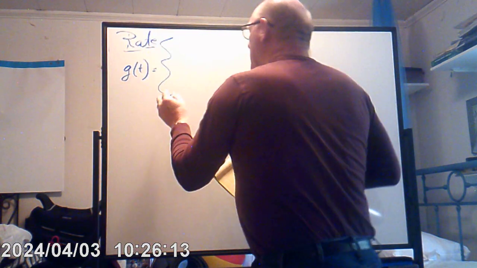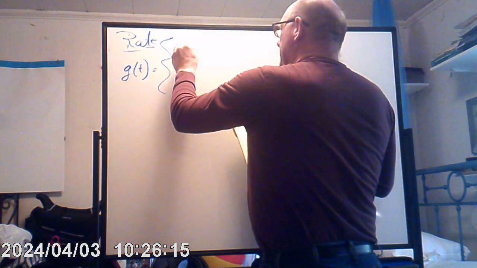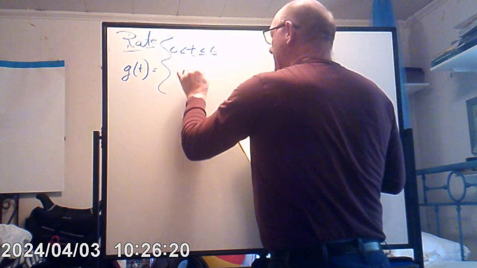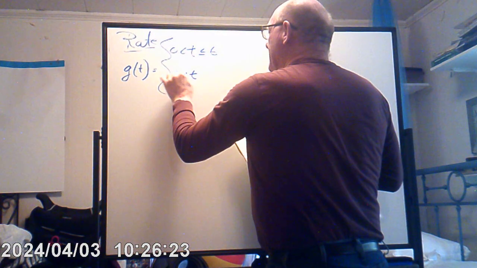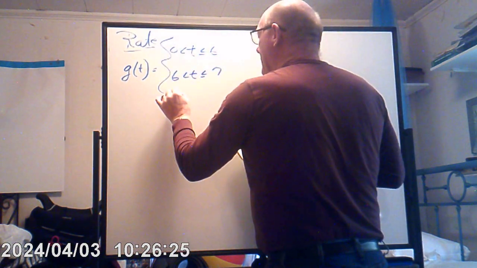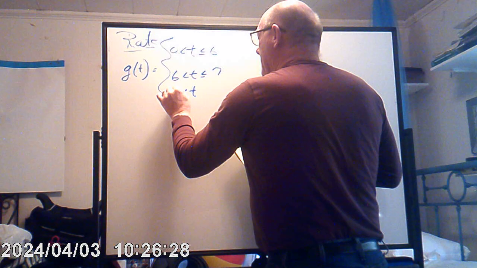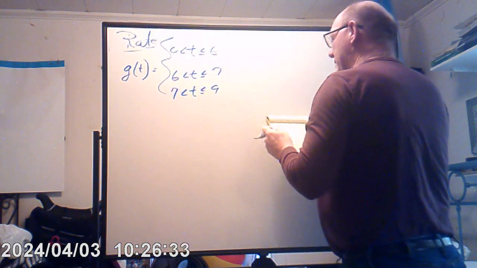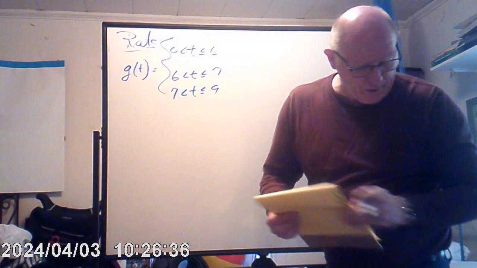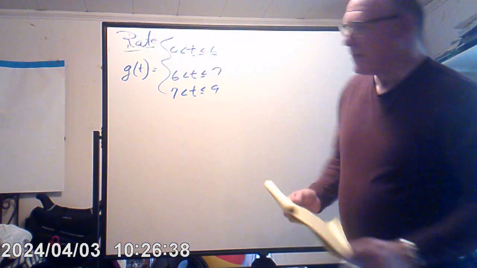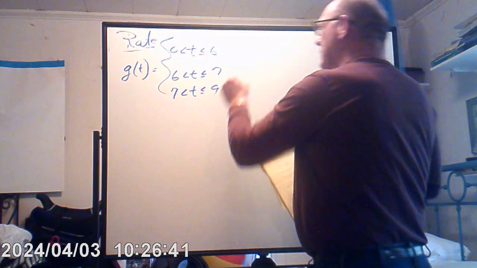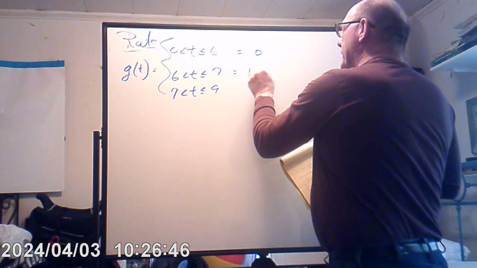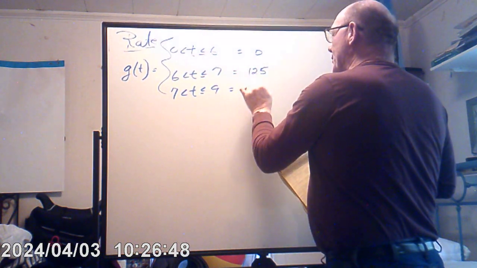So we know t being between 0 and 6, here's t being between 6 and 7, and then t is between 7 and 9. And then of course, looking at that, g at t equals 125, I got it backwards, I'm sorry about that, and then equals 108.